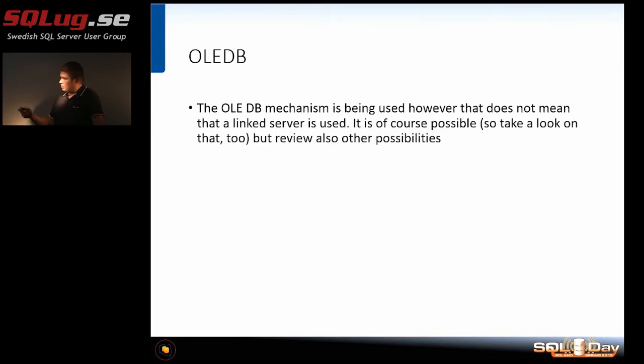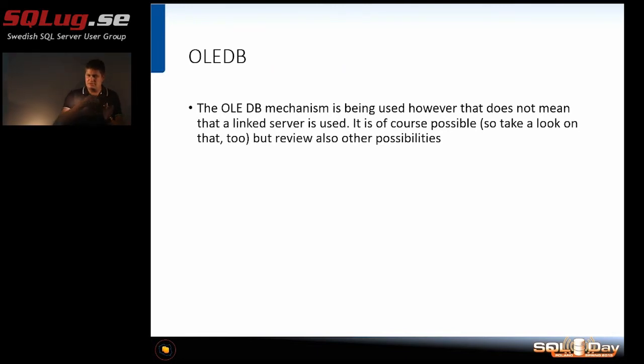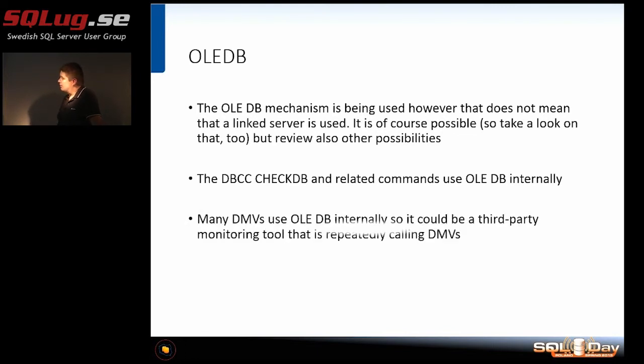So if we just leave this sentence without others, you could imagine that many people started to use linked server between the years 2010 and 2014, and they did something wrong if OLEDB is so high in the list. However, for example, DBCC CheckDB also uses OLEDB internally to have access to data.